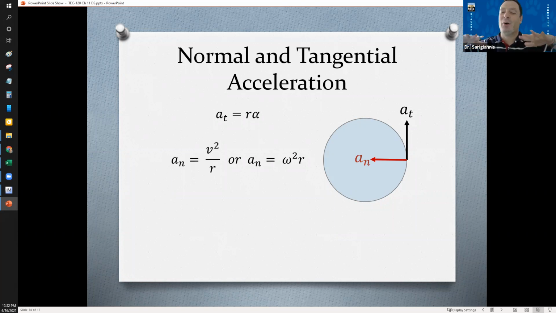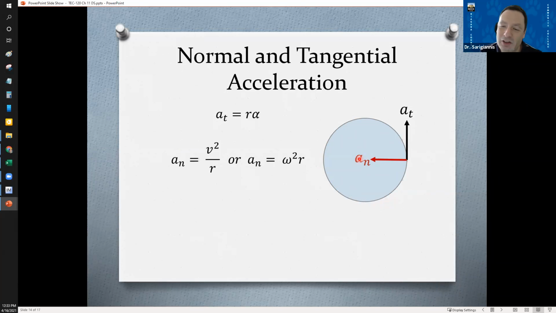In particular, going around a circle, think about something attached to a string. If I take that object attached to a string and spin it around my head, that string is directing a force inward to keep that object on a circular path.